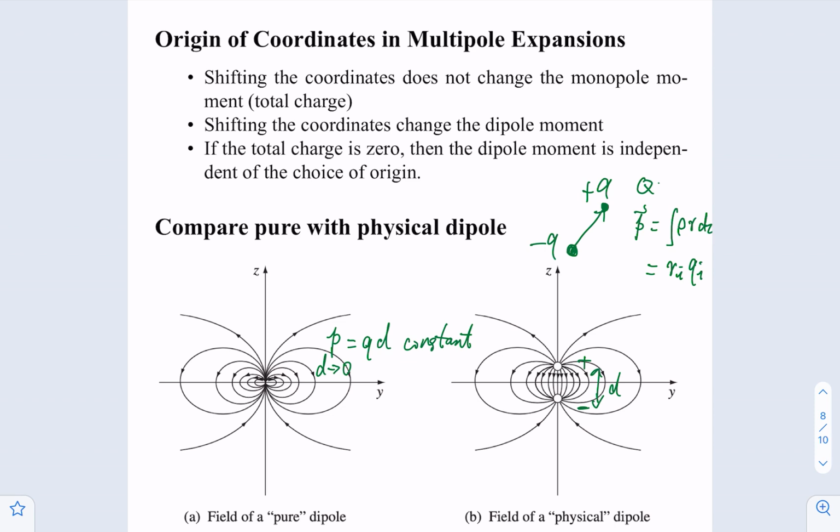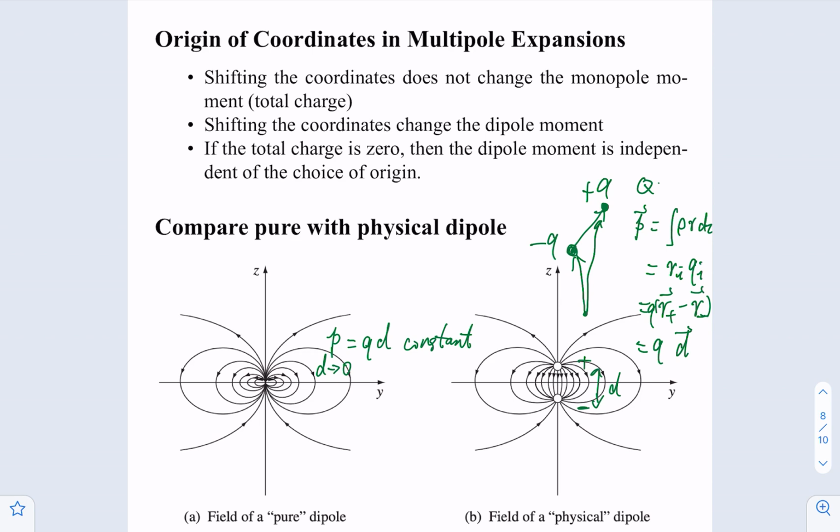Now if we calculate this dipole moment, say we choose our origin, for the special case where the total monopole equals 0, it equals R plus minus R minus times Q, where this R plus minus R minus is simply the separation vector between the two.